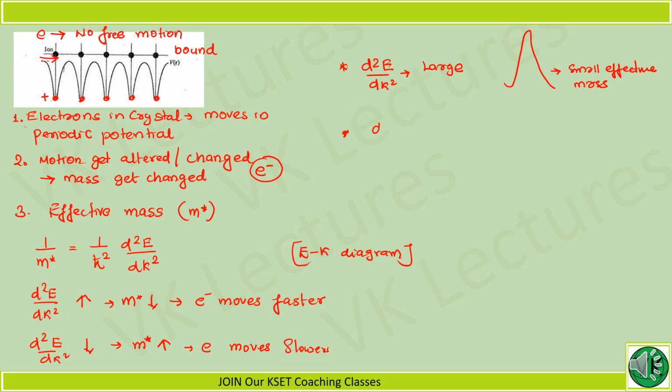Similarly, if d square E by dk square, which is nothing but the second derivative, is small, then you have a curve like this. Here you have a high effective mass.